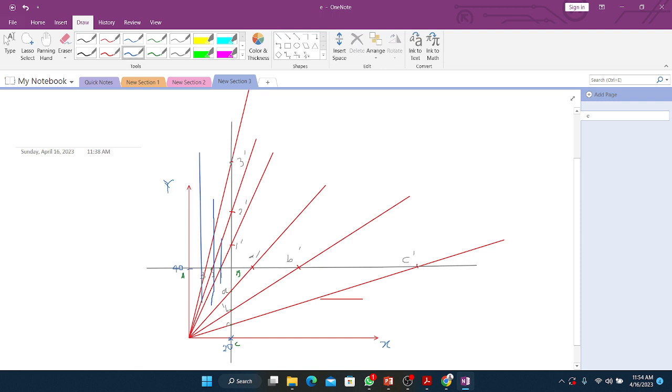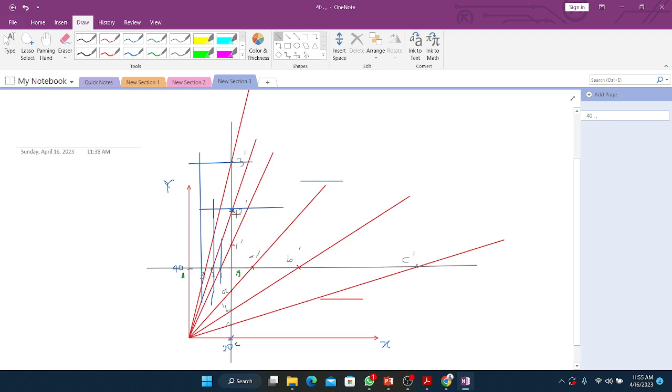These are vertical lines and horizontal lines. So this point is the 2 point, it is here. It is difficult to draw, that's all I'm doing.